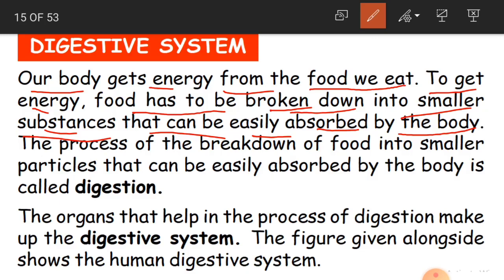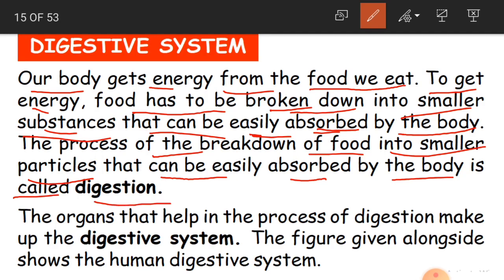The food has to be easily absorbed by the body. Then only you will get the energy. Otherwise, you'll have digestion problems like stomach pain, vomiting, loose motions and all that. Clear, children? The process of the breakdown of food into smaller particles that can be easily absorbed by the body is called digestion.